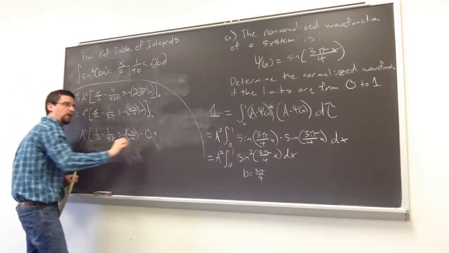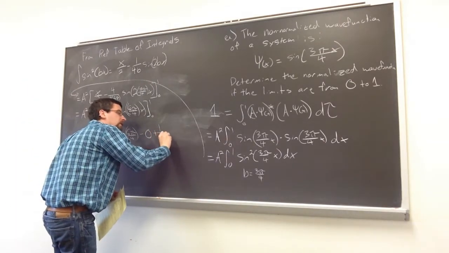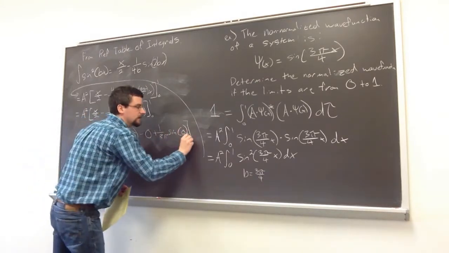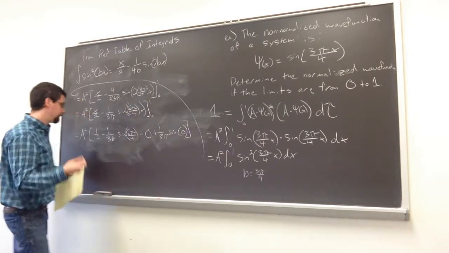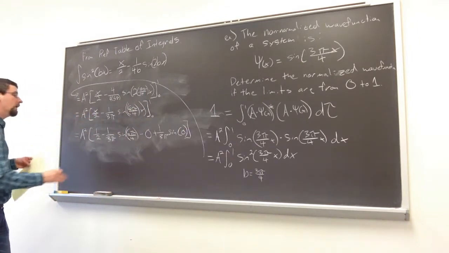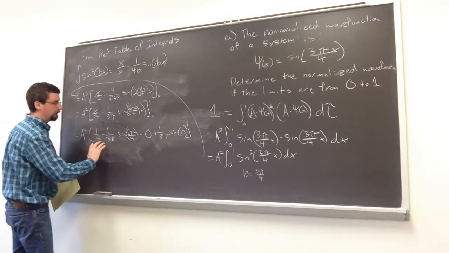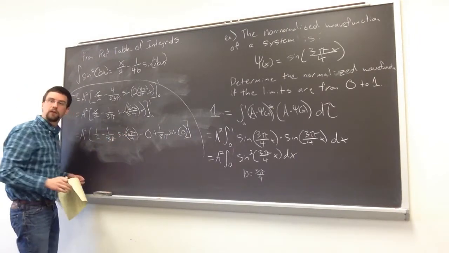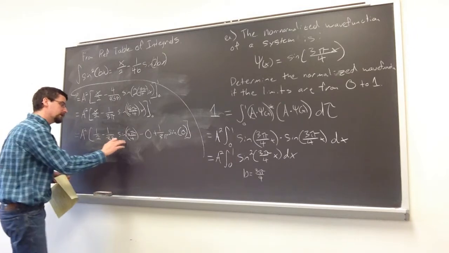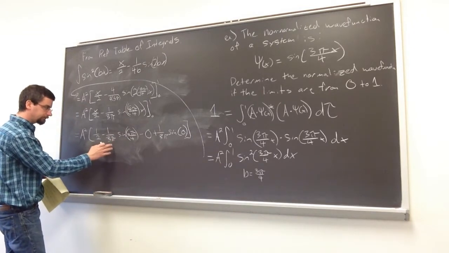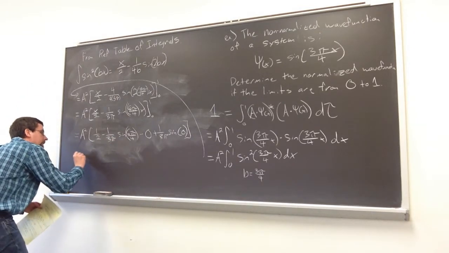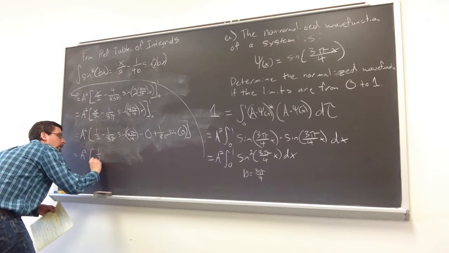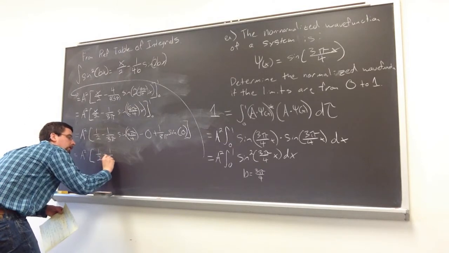We'll get 1 over 3 pi sine of 0. Of course, sine of 0 is 0, so that term's going to drop out. So in reality, we're just left with these first two terms. Sine of 6 pi over 4 is actually -1, so this becomes a -1 value. And what we get is A squared times 1/2 plus 1 over 3 pi.